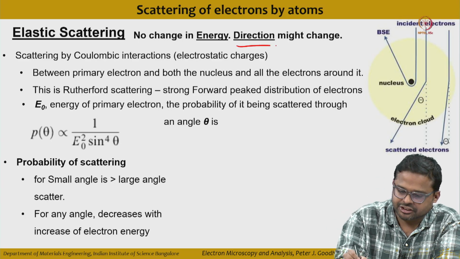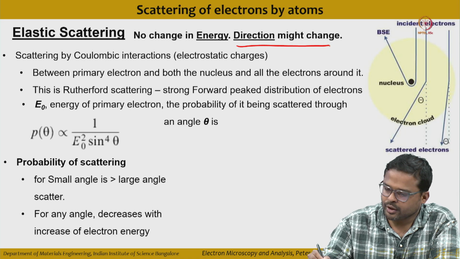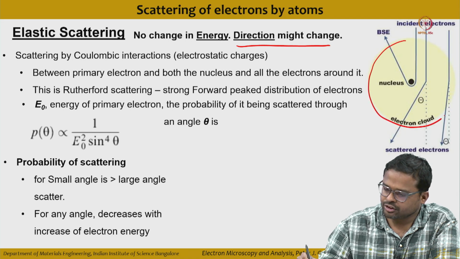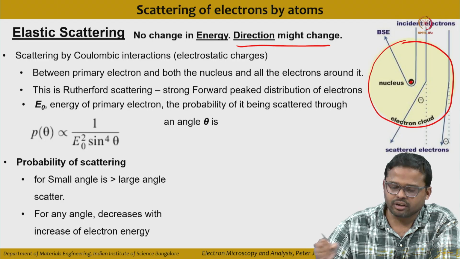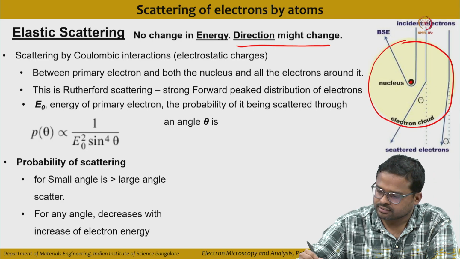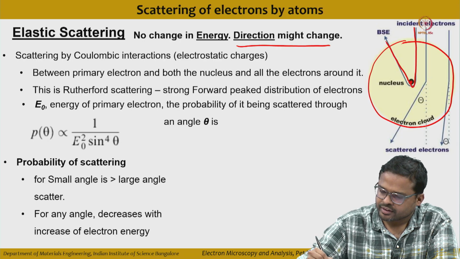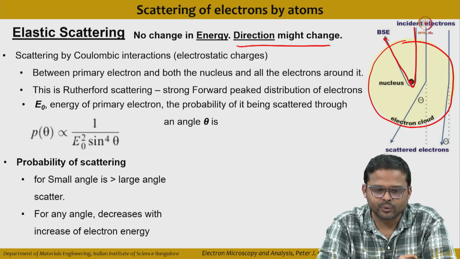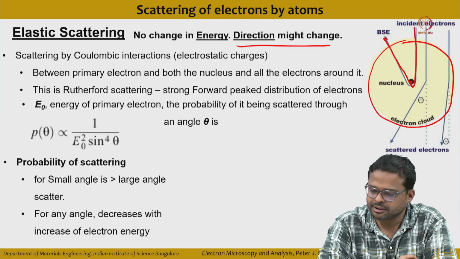The direction might change. For example, this is a typical atom. There is a nucleus and an electron cloud around the nucleus. If an incident electron comes and scatters at the nucleus, there is no change in energy, but there is a change in direction.